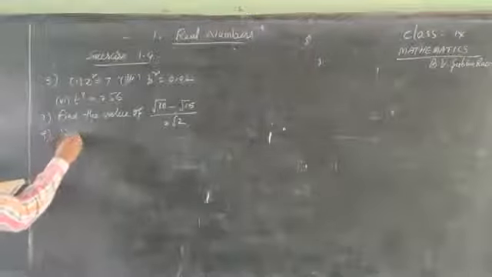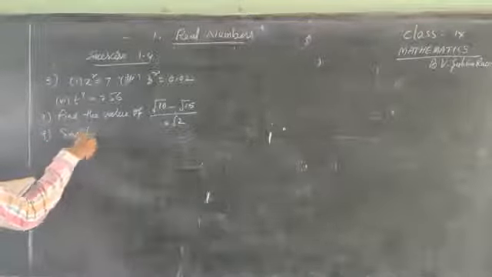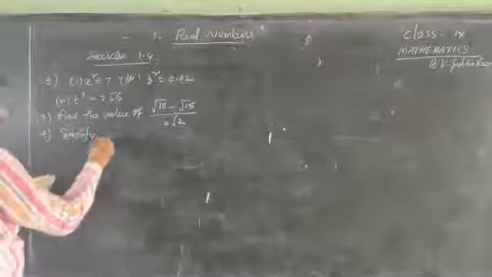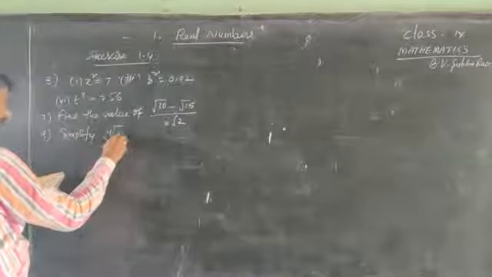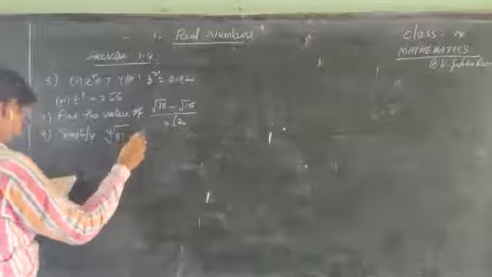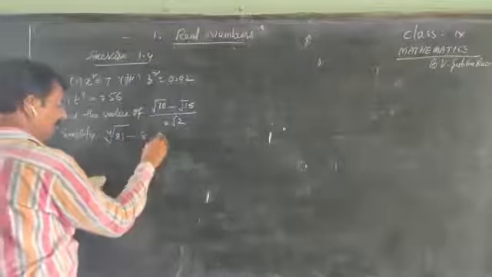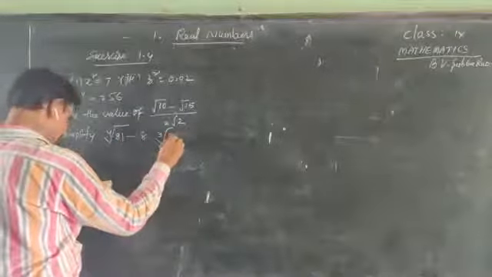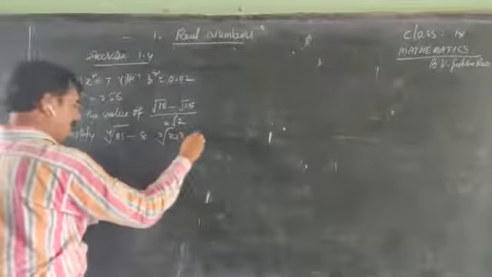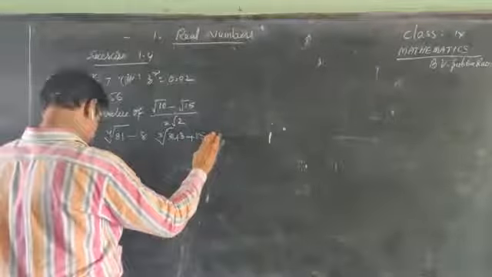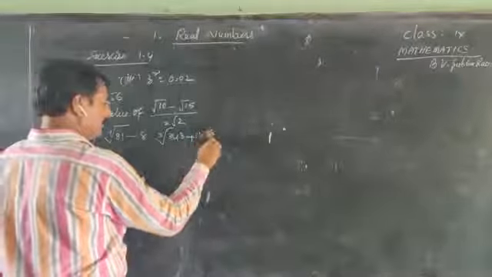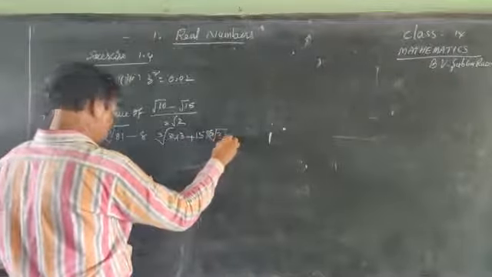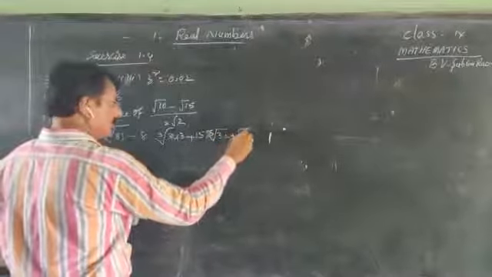Simplify 81 minus 8 into cube root of 343 plus 15 into 32 plus square root of 225.